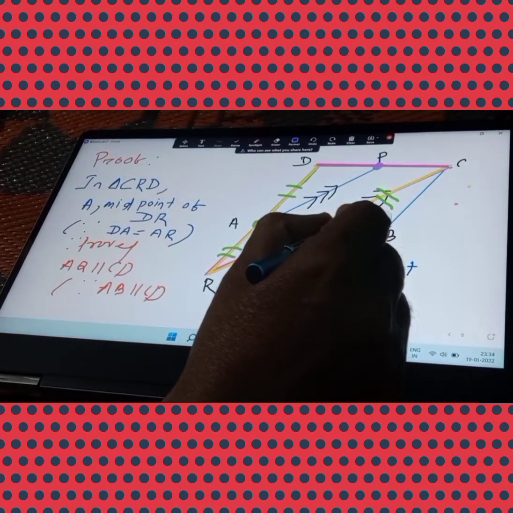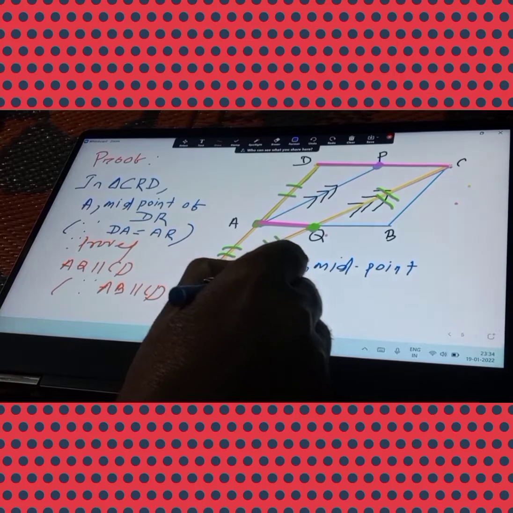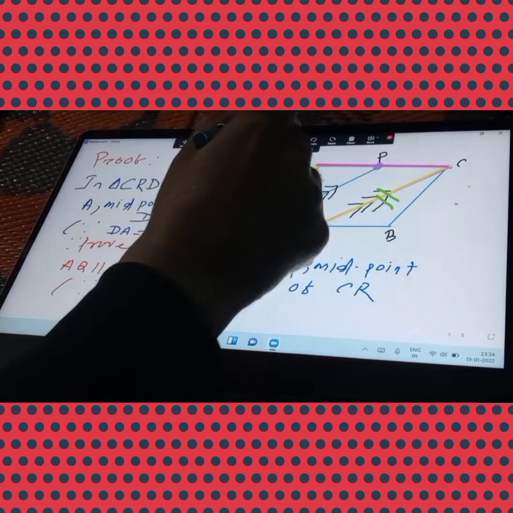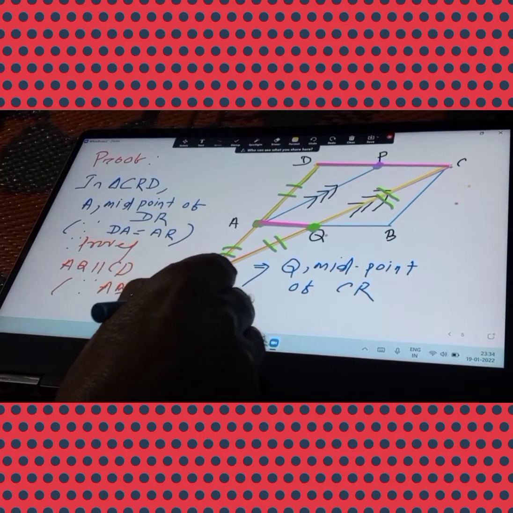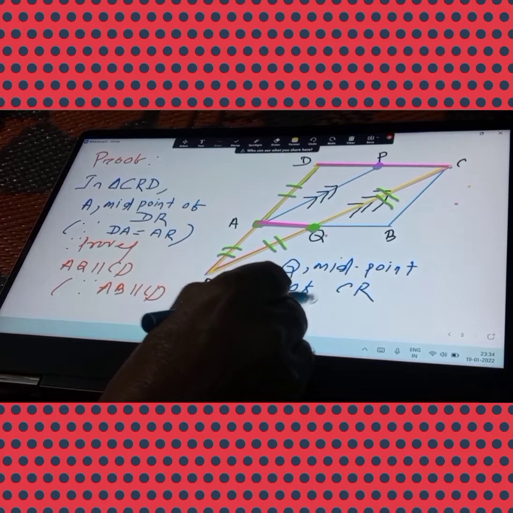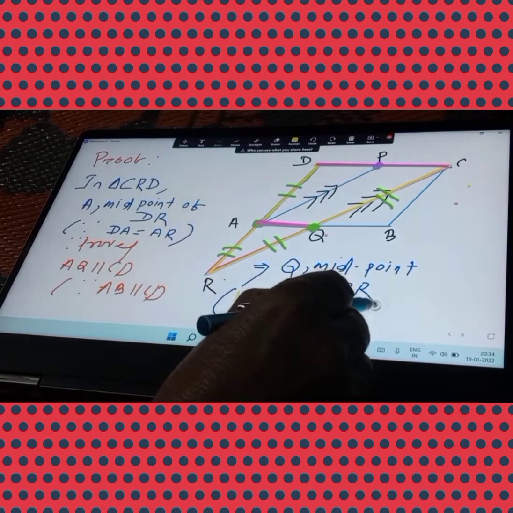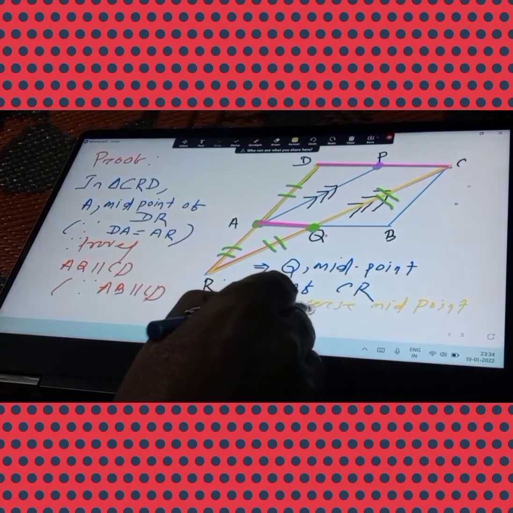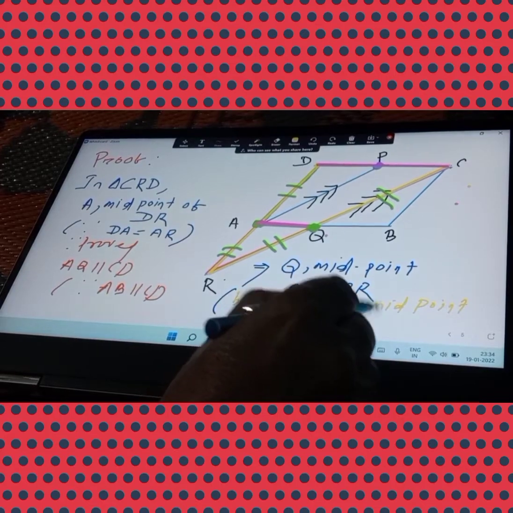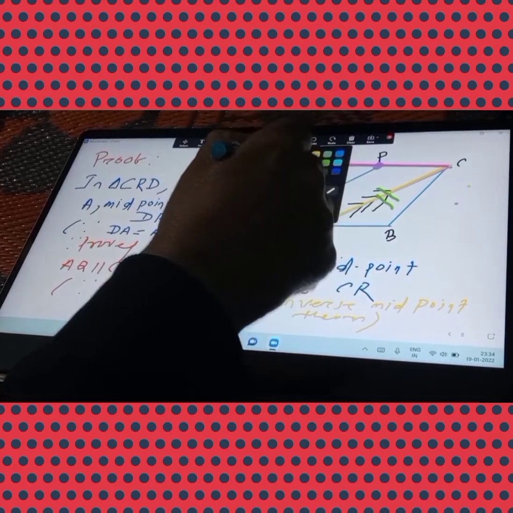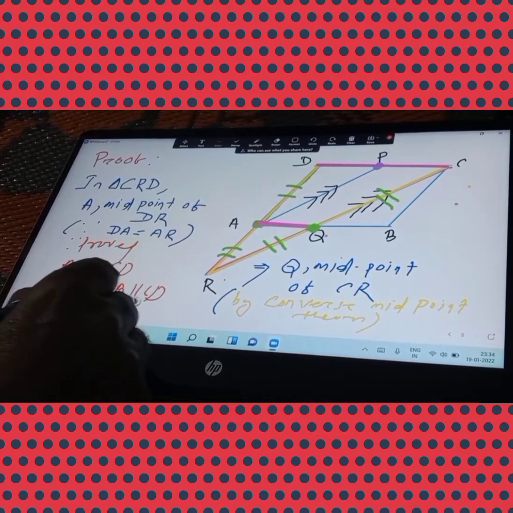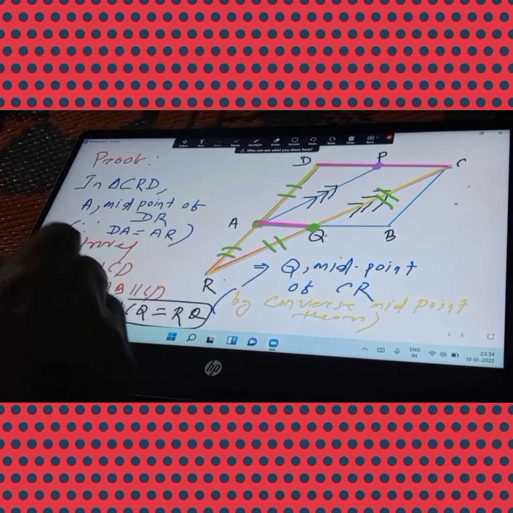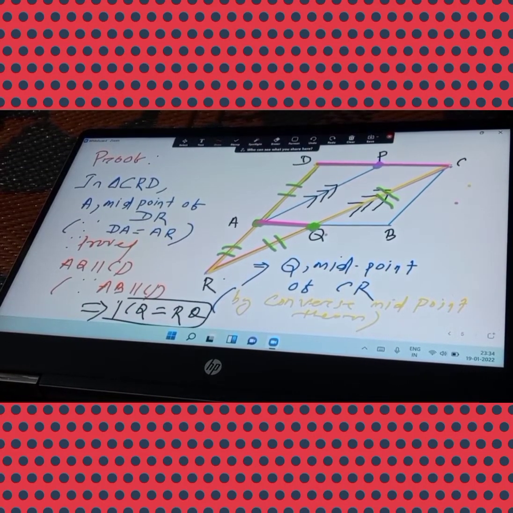By the converse midpoint theorem, it means we can prove CQ is equal to RQ. Understand? Yes. So that is the second point we are going to prove.